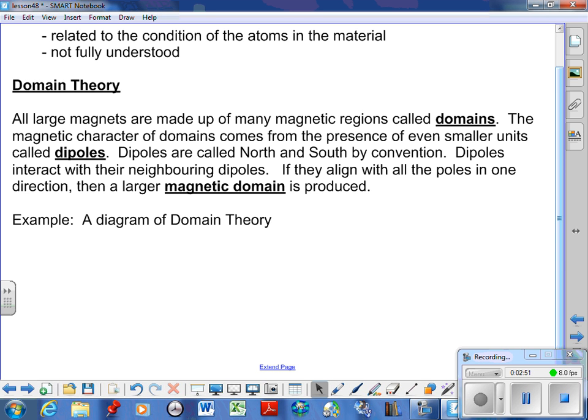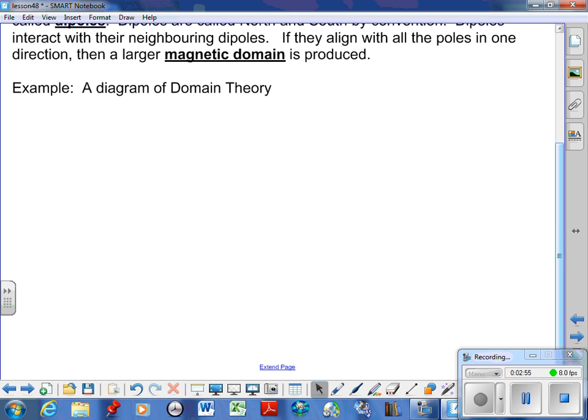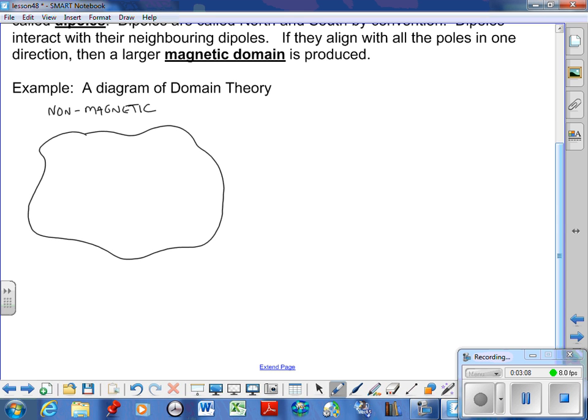So what is domain theory? You can describe it simply with a picture or a diagram. As I said before, a diagram is worth 1,000 words. So let's go with non-magnetic. Here's a microscopic or even closer view, and this is what we think is happening with magnets.